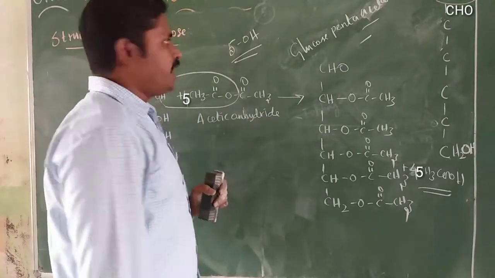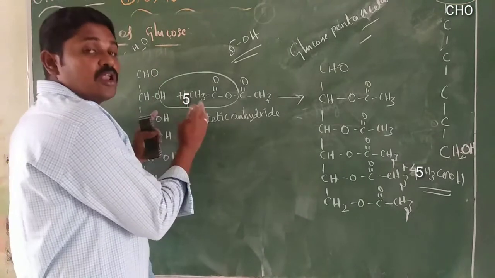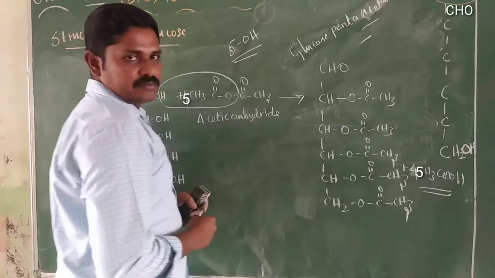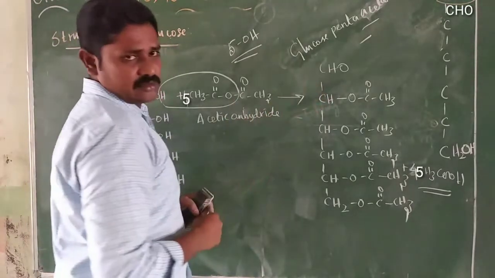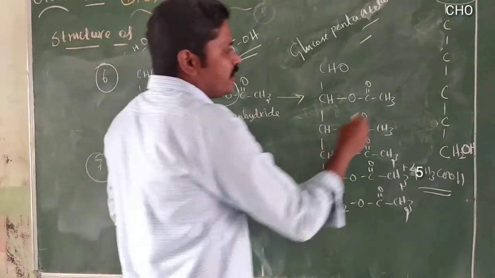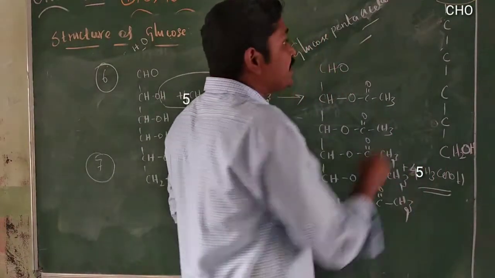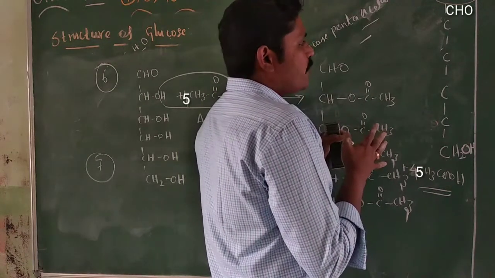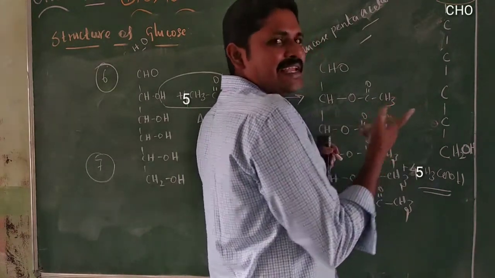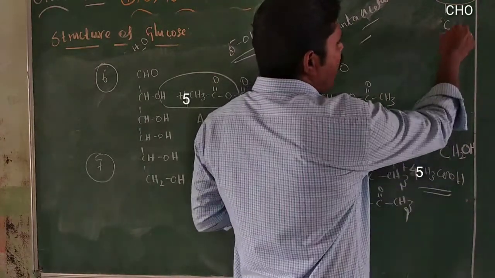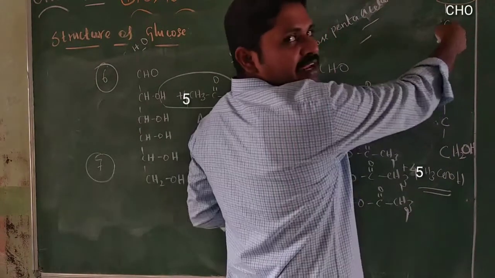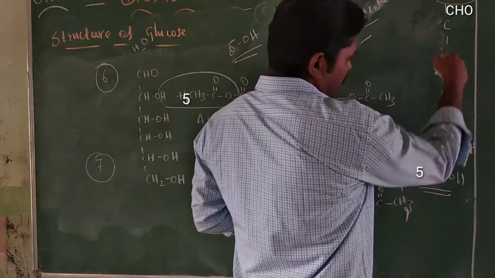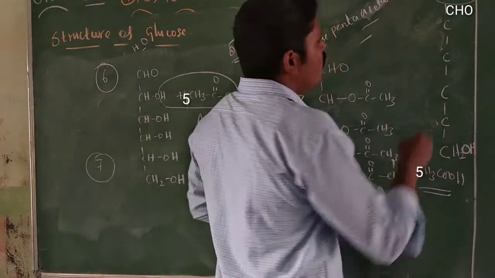So all the hydroxy groups are present on different carbon atoms. It does not have more than one hydroxy group on each carbon. So all hydroxy groups are present on individual, different carbon atoms.